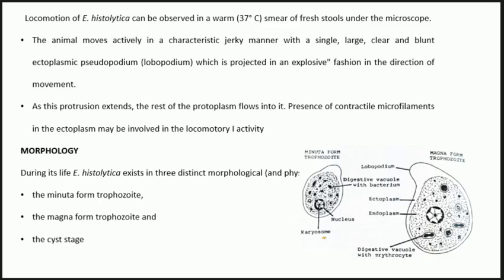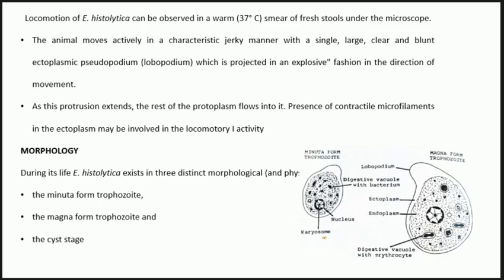The protrusion extends, and the rest of the protoplasm flows into it. So there will be a protrusion first in front, and then the rest of the cytoplasm goes towards the protrusion, so it becomes spherical again. Again the protrusion forms in front, and again it goes back to normal. This is how the movement takes place.